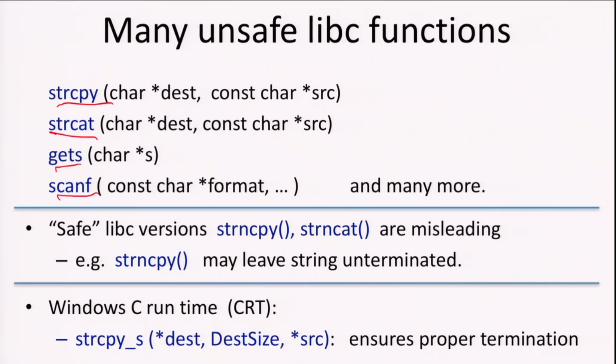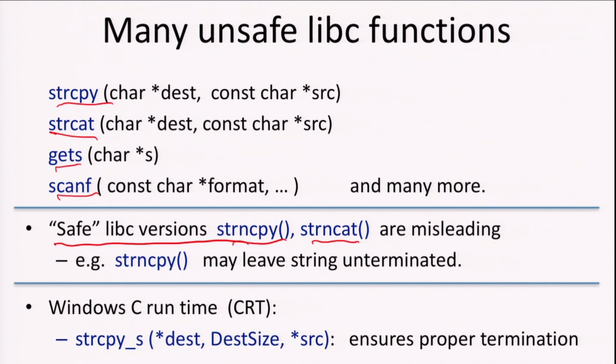However, people have suggested that instead of using the standard C library functions that don't check the length of the inputs, you should use functions like strncpy or strncat, which basically tell how many characters you are allowed to copy or concatenate.